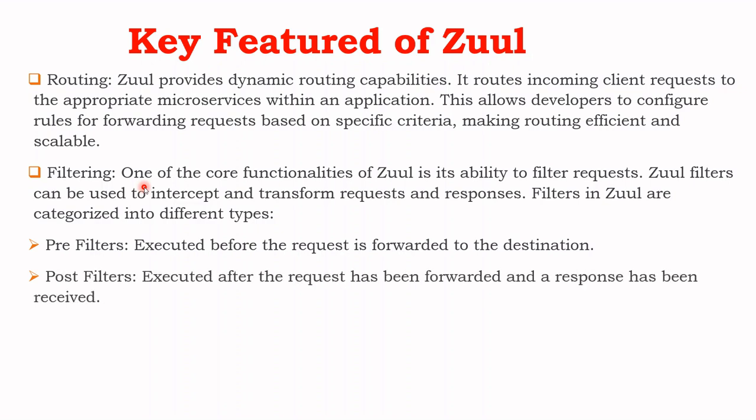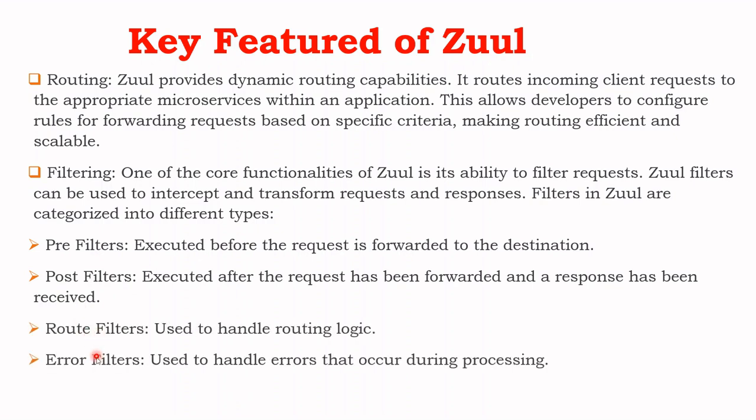Post filters are executed after the request has been forwarded and a response has been received. Route filters are used to handle routing logic, and error filters are used to handle errors that occur during processing. We'll try to understand all filtration concepts in the Zuul filtering video.